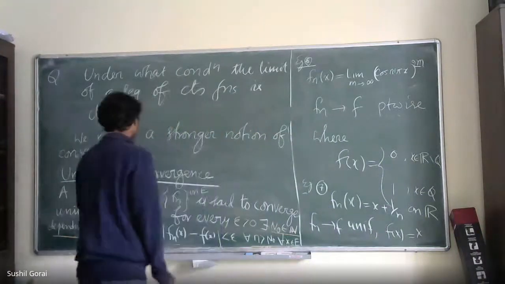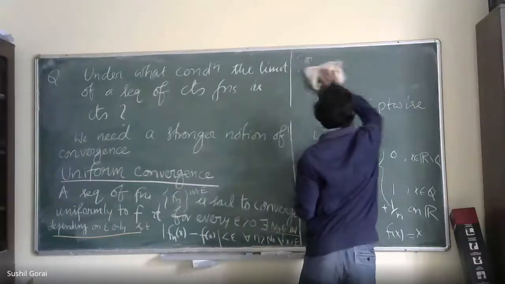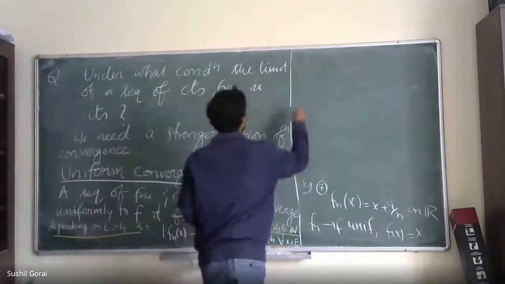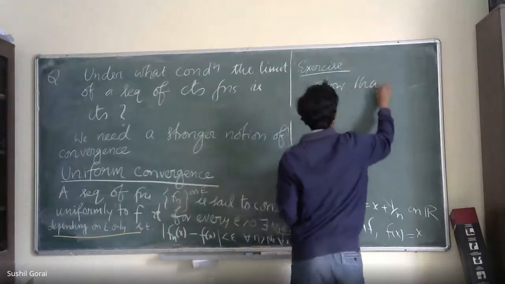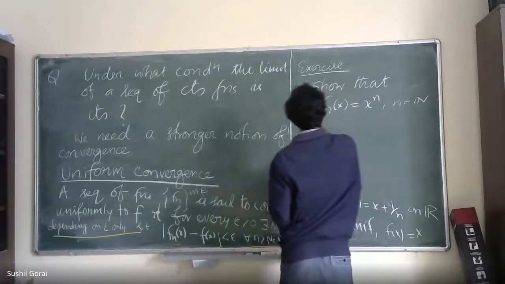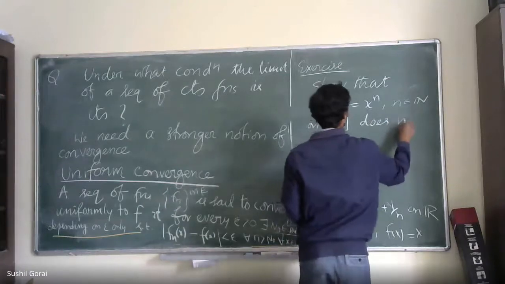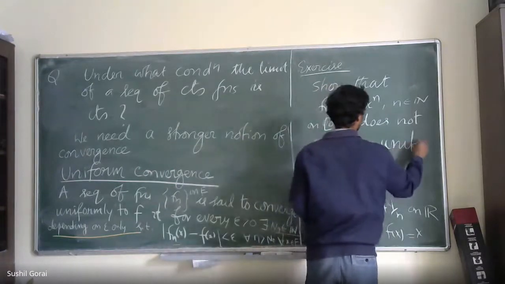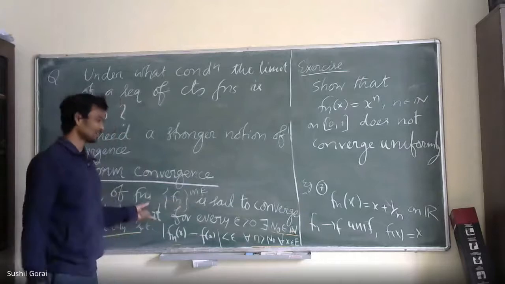But the exercise is that show that f_n(x) equal to x to the power n on 0 to 1 does not converge uniformly. So you get the negation of it.